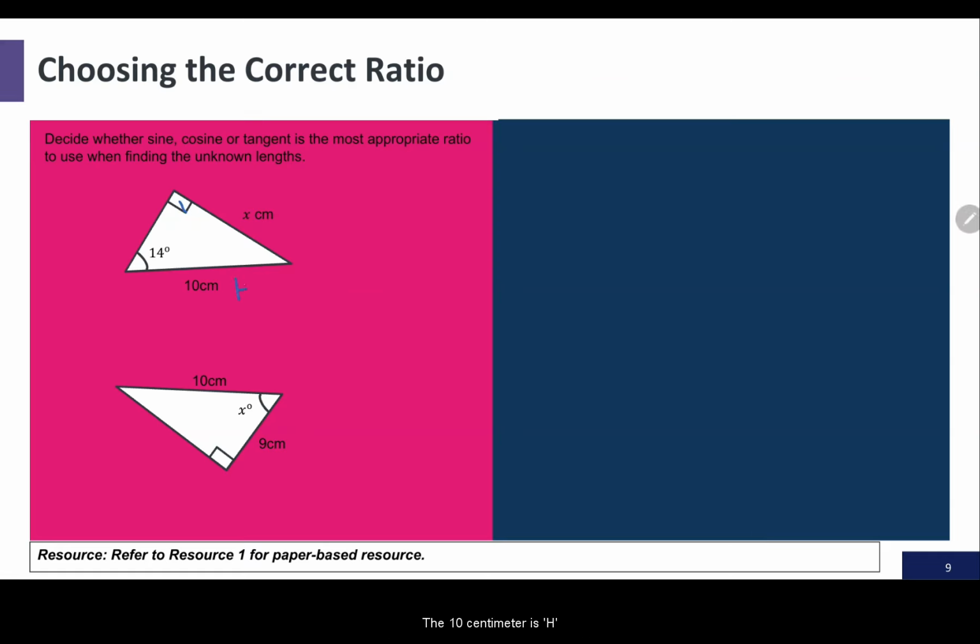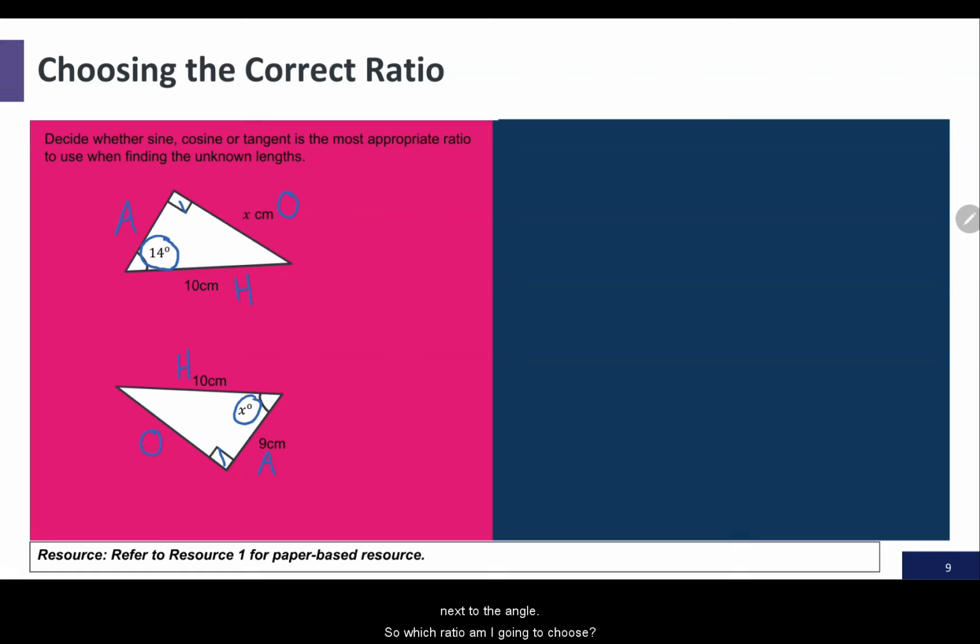The 10 centimeter is H. The opposite is opposite the angle we are working with. And the adjacent in this case is the one which is left. The question underneath, the 10 centimeter side is H. O is opposite the angle we are working with, and the adjacent is the one next to the angle.